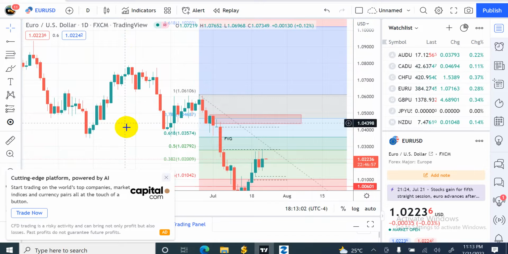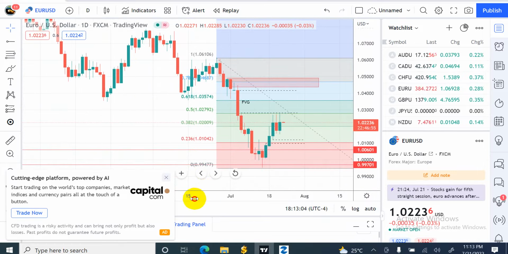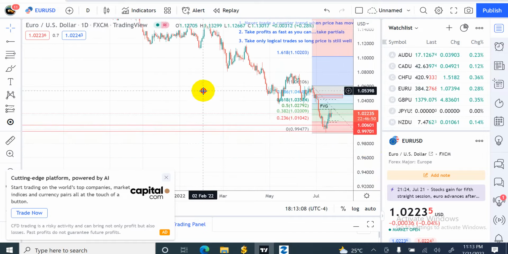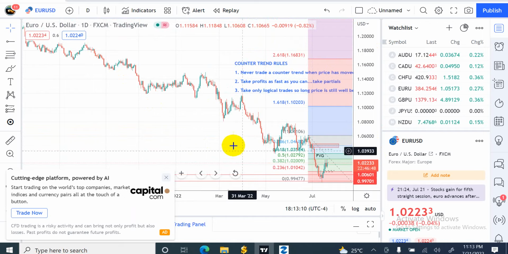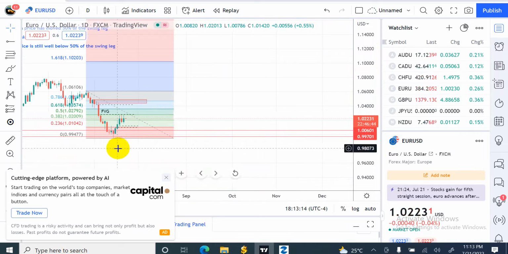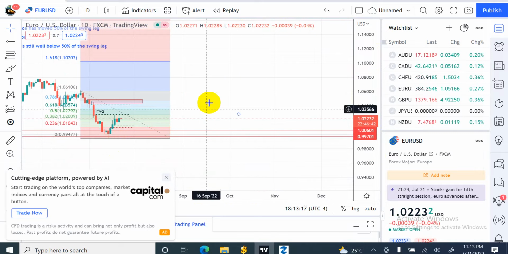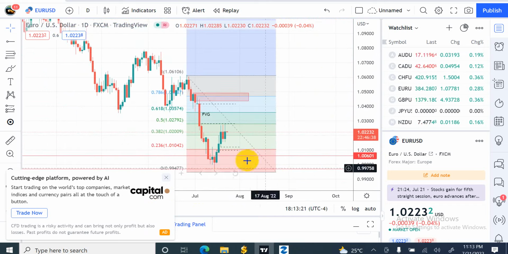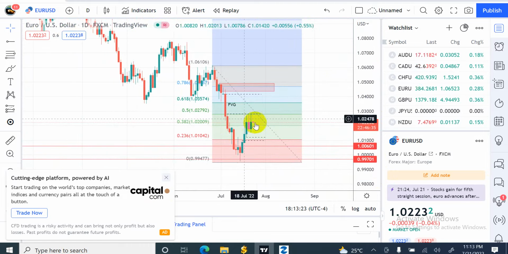The predominant trend, as you can see since the beginning of this year, is to the downside. So the path of least resistance is to the downside in Euro USD. When you are counter trending, that is trading to the upside, we know it's not going to be permanent, or it's not going to last. So as fast as you see your profits, probably when price gives us a pullback to this level here.